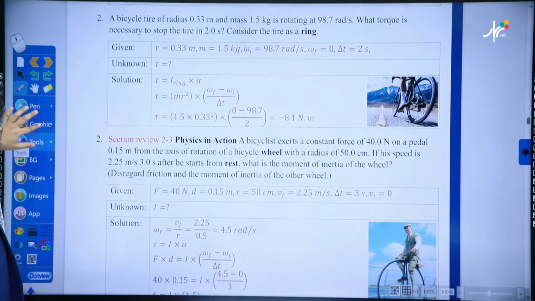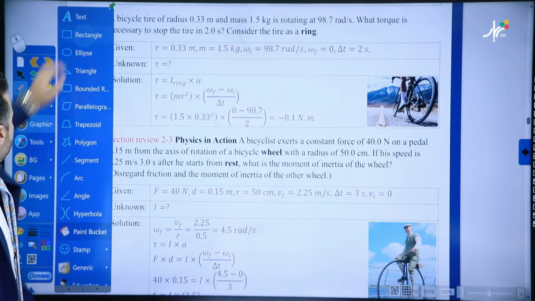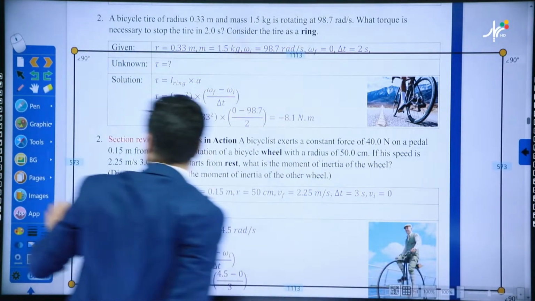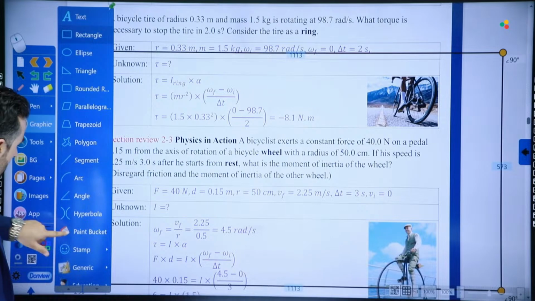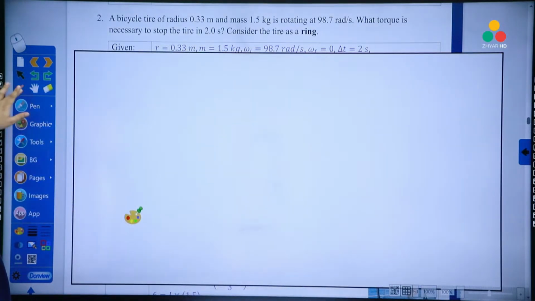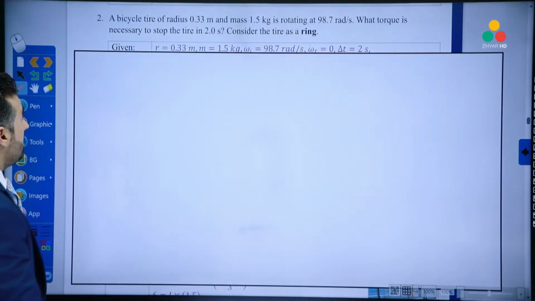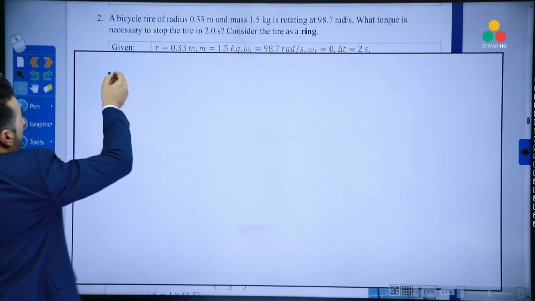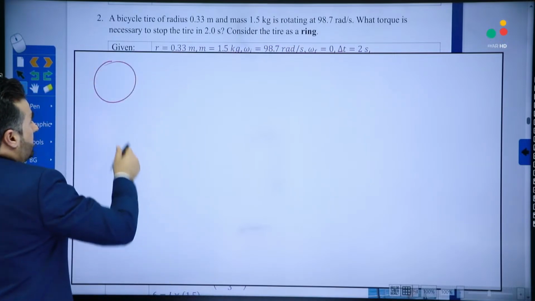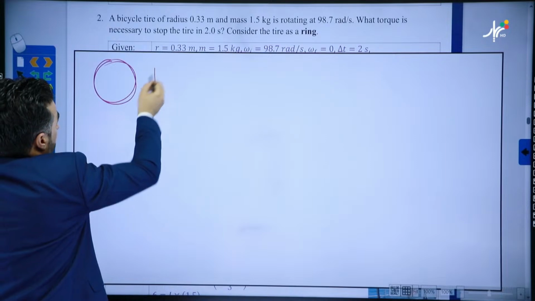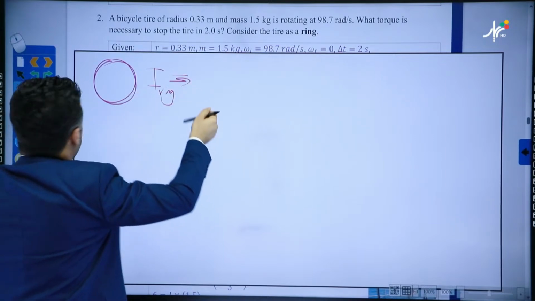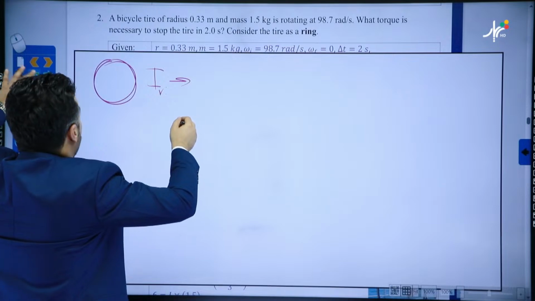These are the information given. That's your first key: you have to write down what is given first, and then based on that, you can answer the question. So we have a tire, and it says consider the tire as a ring. So the moment of inertia for a ring, you know that.